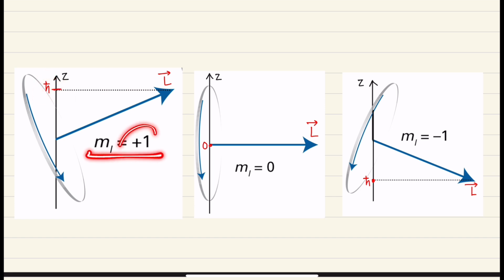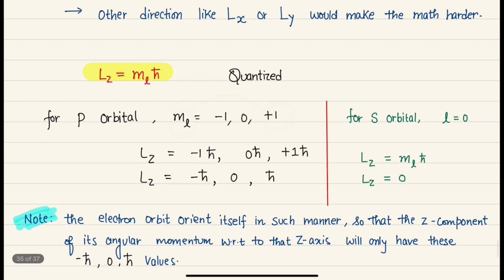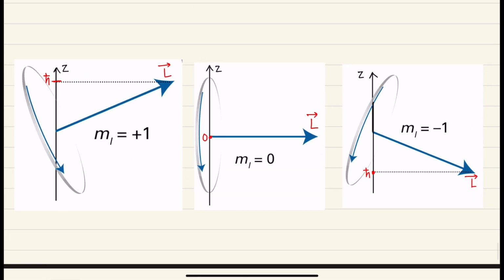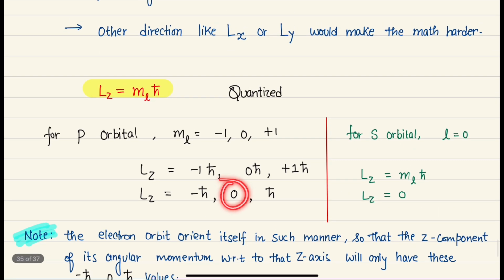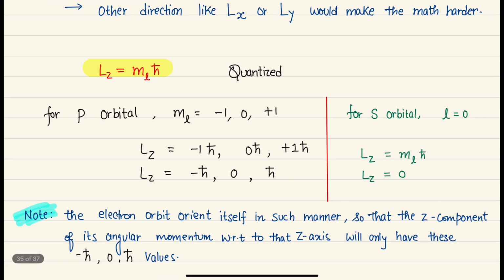Understood? So for ml equal to plus 1, this value becomes h cross. It means it's a positive value, right? So this point is your h cross. Similarly, for ml equal to 0, we got Lz equal to 0 h cross, right? So for ml equal to 0, the magnitude of the component on the z axis is 0.